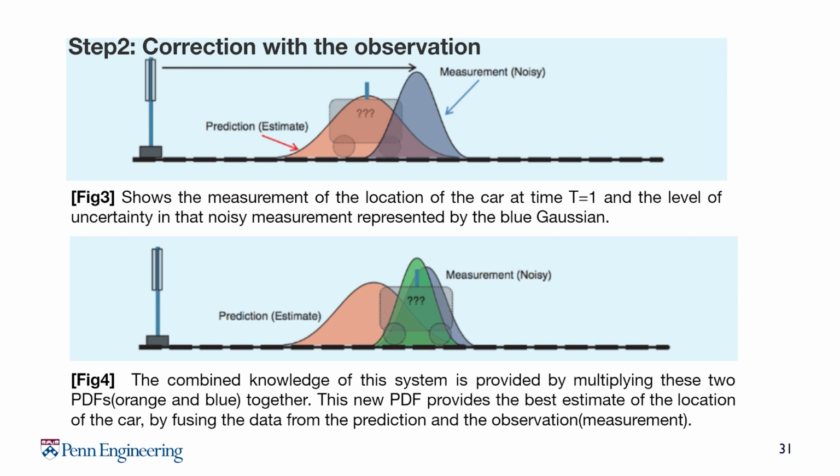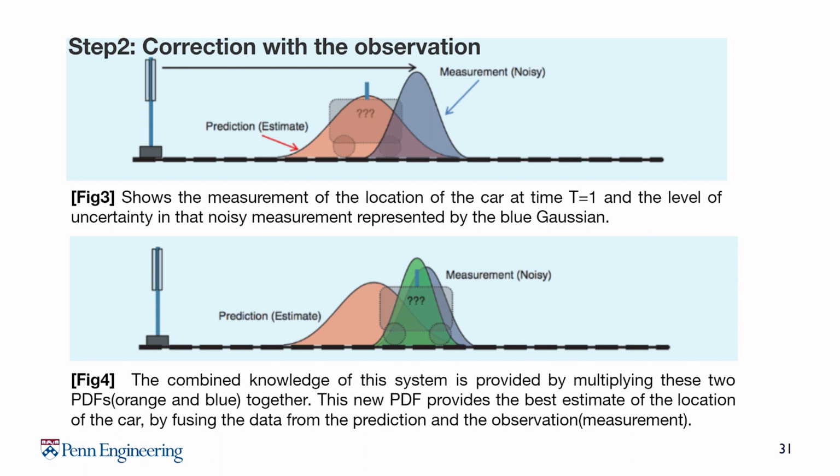And now we have the orange Gaussian distribution and the blue Gaussian distribution. Then we can just combine those two distributions together, multiplying the likelihood and the prior, which gives us the result proportional to the posterior.